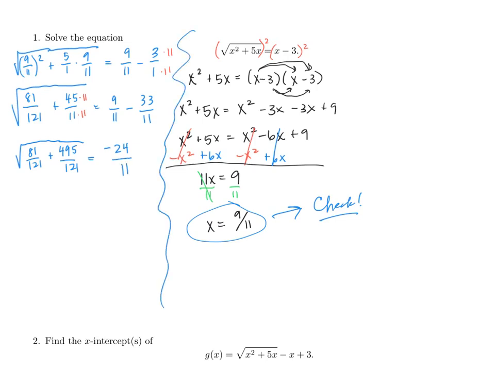Okay, so remember the square root. And let's say I didn't notice, I just keep working. Okay, so 81 plus 495 is 576 over 121.